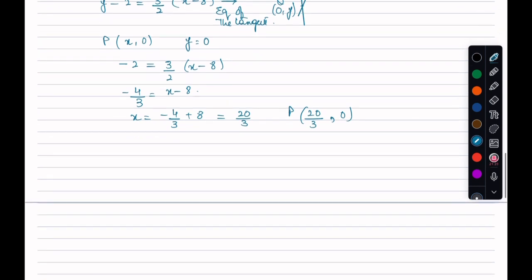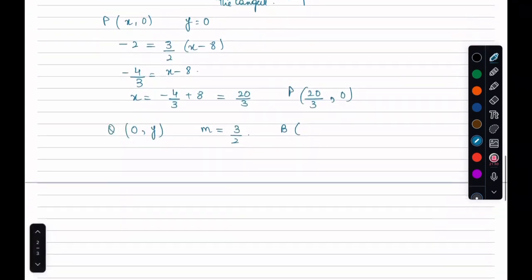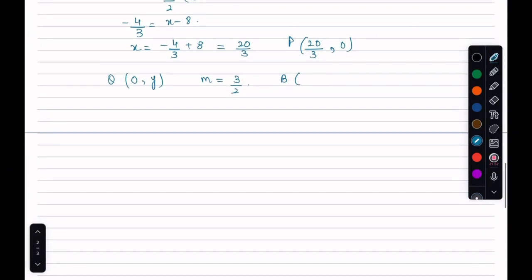So to find Q, I know my x is 0, there is a y. The gradient remains the same, which is 3 by 2. So the tangent was passing through the point B with coordinates (8, 2). So it's y minus y1, which is 2, equals 3 by 2 times (x minus x1, which is 8).